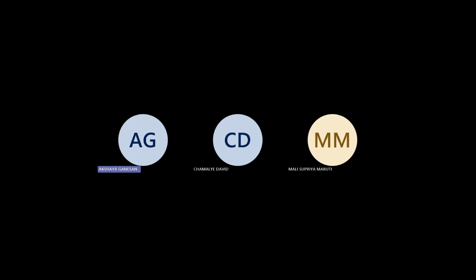Okay. Let's do a little more complex example. Let's take a nested loop. This is the outer loop.